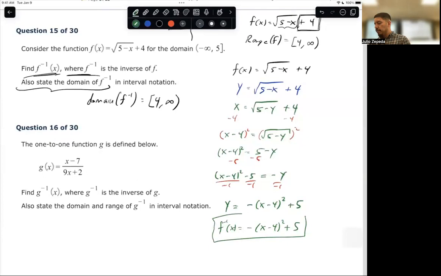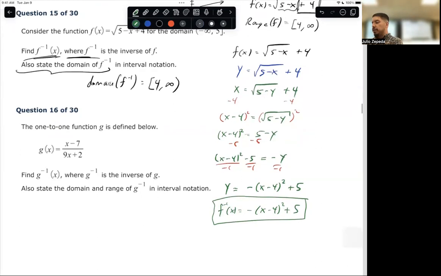A few steps there to find the inverse. And we should be able to fairly accurately graph this if we wanted to. It's shifted 1, 2, 3, 4 units and 1, 2, 3, 4, 5 units up. So it would look something like this.